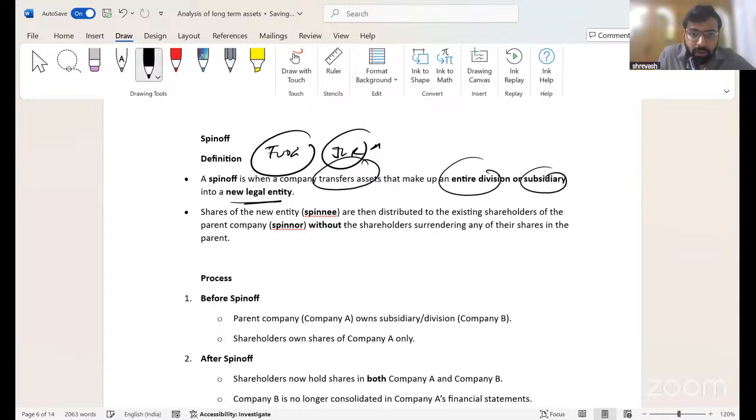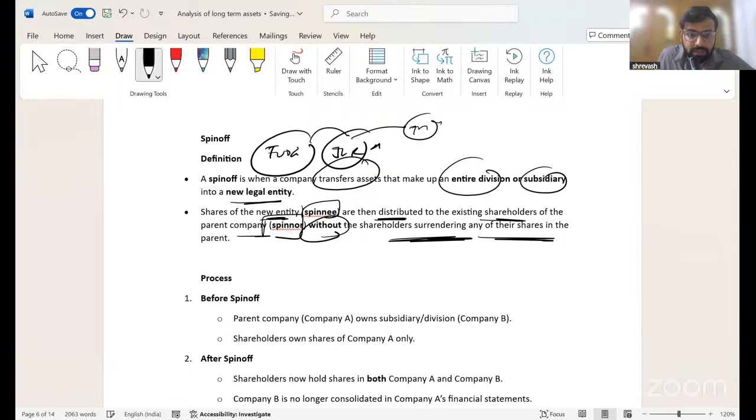So basically, Ford has transferred all the assets that belong to one of its divisions or subsidiaries called JLR and then sold it to Tata Motors. Obviously, the shares of the new entity are then distributed to the existing shareholders of the parent company, without the shareholders surrendering any of their shares in the parent.